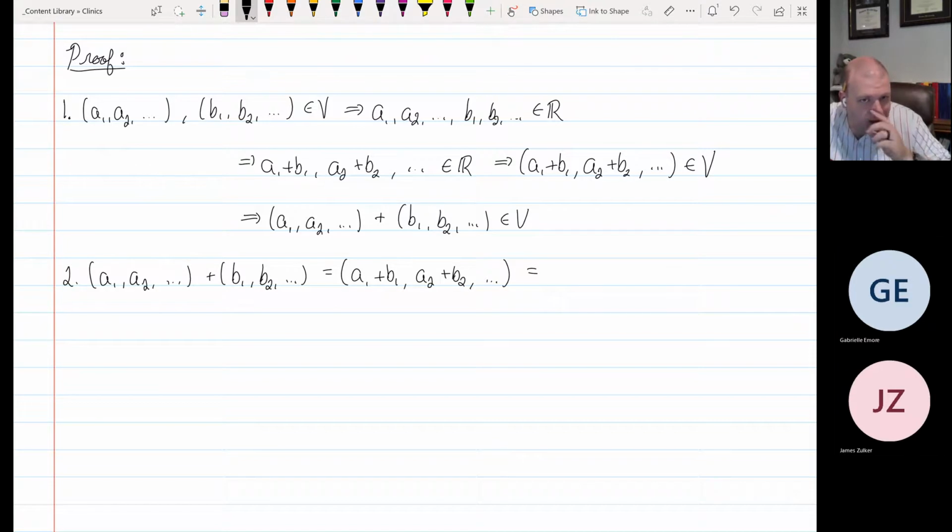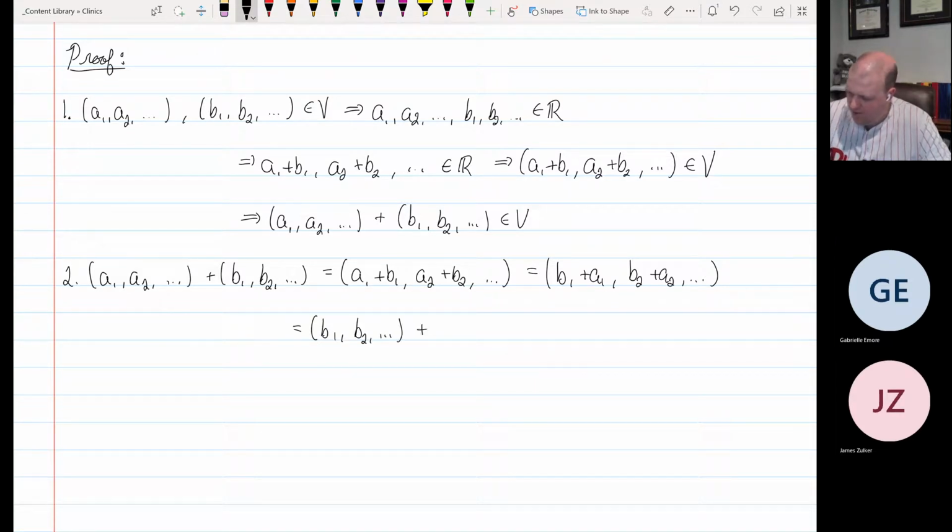All of the A's are reals, all of the B's are reals. Since we know that addition of real numbers is commutative, we can write this. But that is the definition of the B plus the A. So there we go.